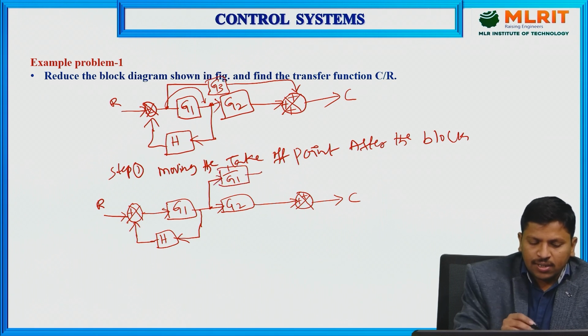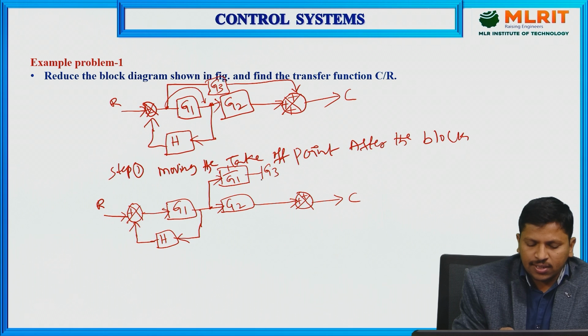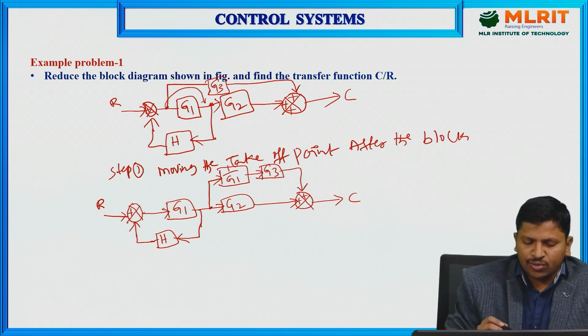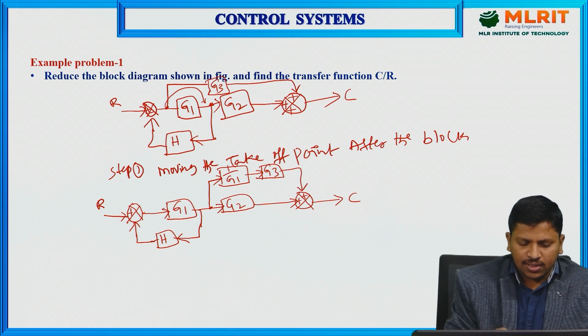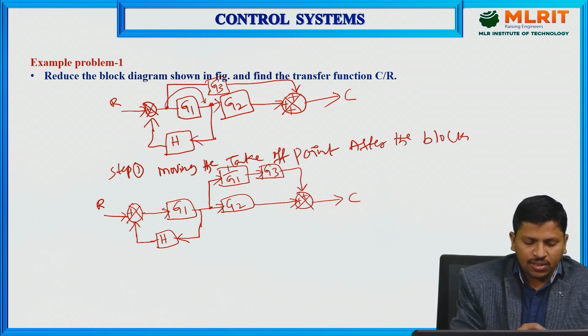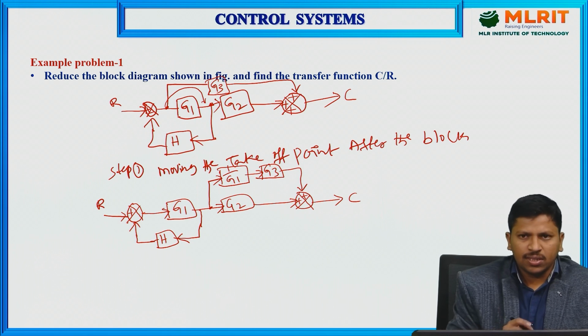After that, we already have G3 available, and finally this will enter into the summing point. This is what we get by moving the take-off point after the block.